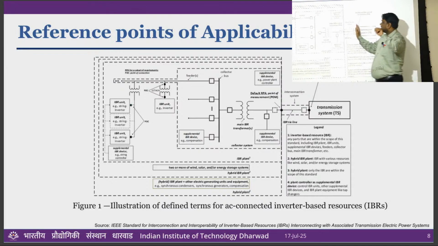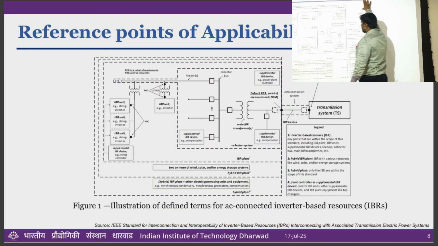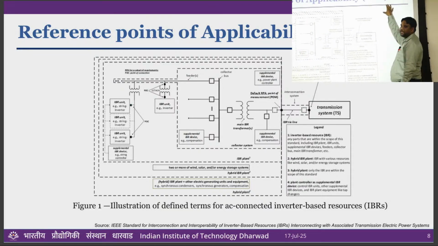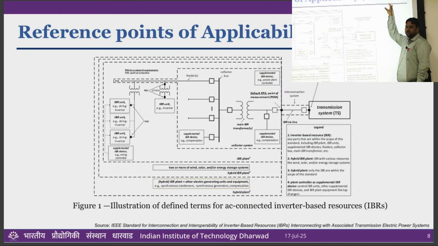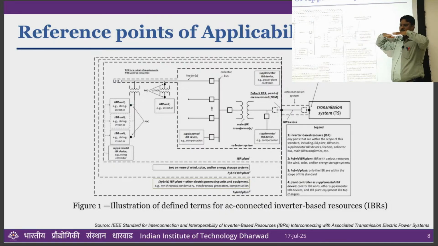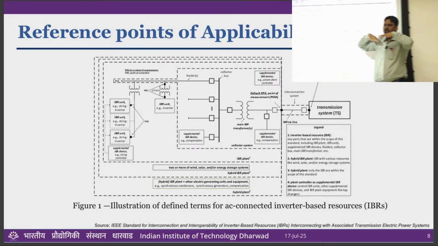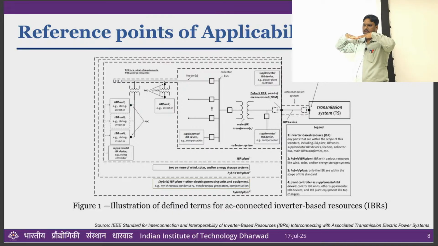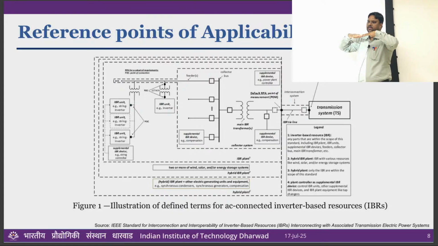There will be a layer called the power plant controller, PPC. That is a very high-level control that controls all the IBR units. All the tertiary control that Professor Jahangir was discussing, forecasting and optimization, happens in that controller. Sometimes it is linked to the SCADA, or sometimes it operates alone, like a digital control.